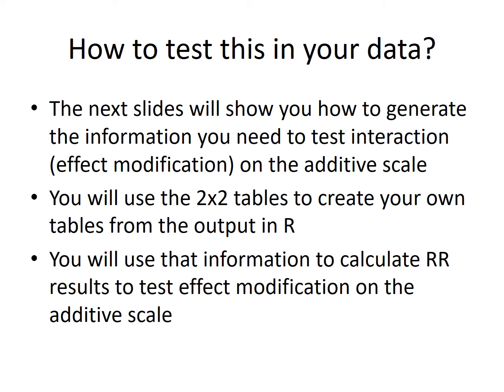The second set of the YouTube video and PowerPoint slides will go through your R output, your 2x2 tables in R, and show you where to pull it from in order to fill in these tables. So once you've listened to this concept and can imagine what it will look like, go to the second YouTube video and that will help you see which place to take your data from in R and how to fill in that table.